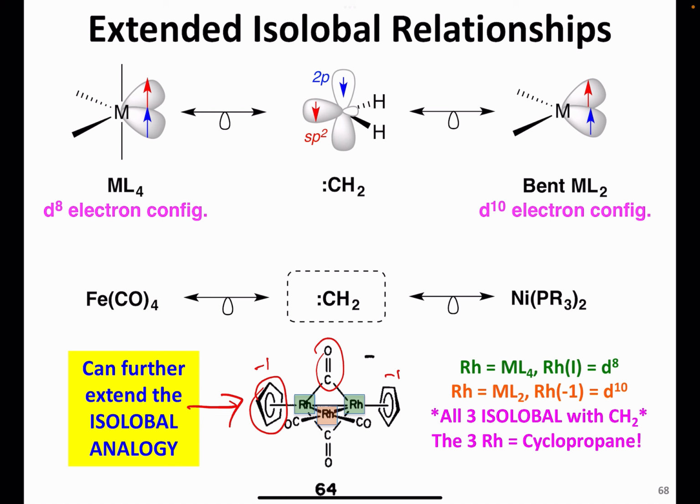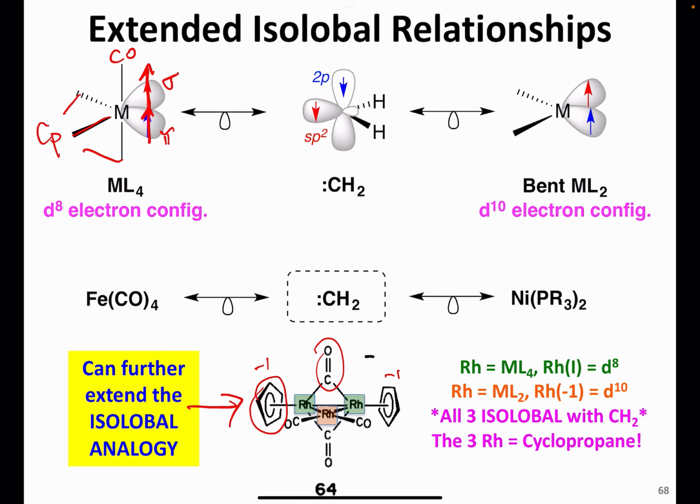If you look at the ML4 fragment in the upper left, you can think of the Cp as binding 3 facial sites, and the CO is then the 4th ligand. Rhodium(I) is d8, so in an ML4 configuration you have 1 unpaired electron in a pi type orbital and 1 unpaired electron in a sigma type orbital. You are isolobal with CH2.